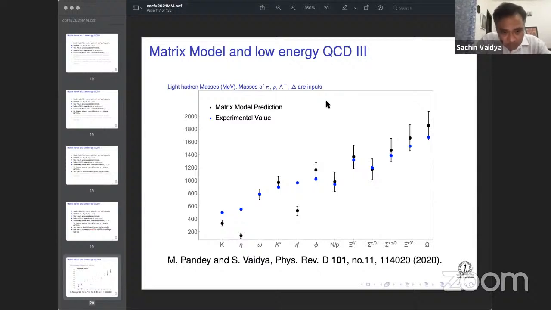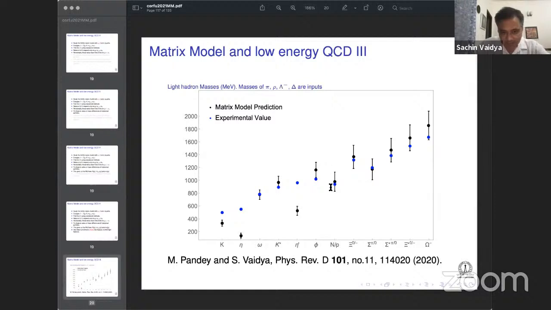So this is what we found. The blue dots are the values that we have taken from the particle data book, and the black dot along with the error bar is the prediction of the matrix model. I will show you numerical values for this, if there is time. But even a cursory look at this table tells you that apart from the K meson, the eta and the eta prime, where we are quite off, for all the other particles, we are doing quite well.